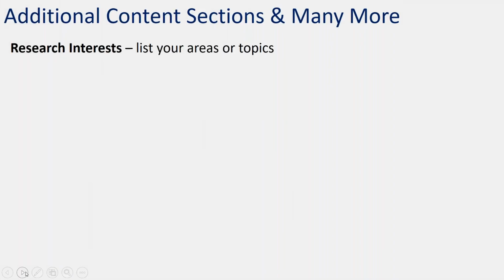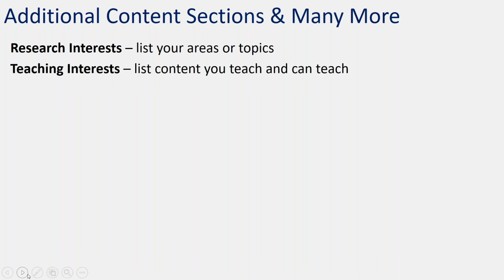There are so many potential content sections for a CV. We can't cover them all in this webinar, but there are a few more that I do want to mention. It's pretty common on a CV, especially for CVs that are being written for academic positions, to have a research interest and a teaching interest category.